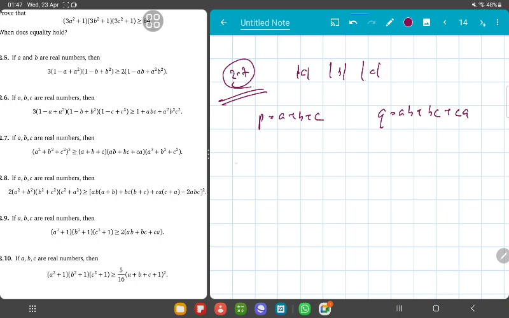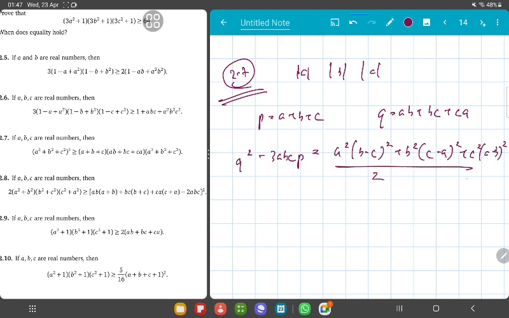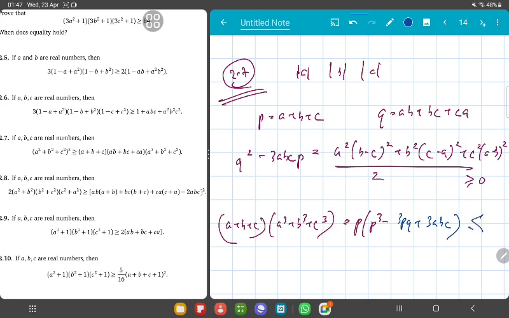Since q square minus 3abcp is equal to a square (b minus c) square plus b square (c minus a) square plus c square (a minus b) square, cyclic permutation, twice, greater than or equal to 0, we will have a plus b plus c, a cube plus b cube plus c cube, p cube minus 3p cube plus 3abc, that will be less than or equal to p power 4 and 3p square, q square.